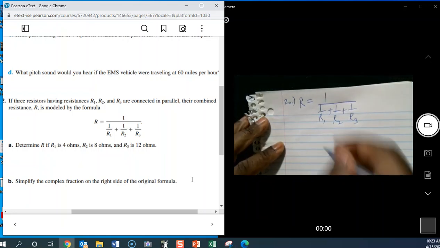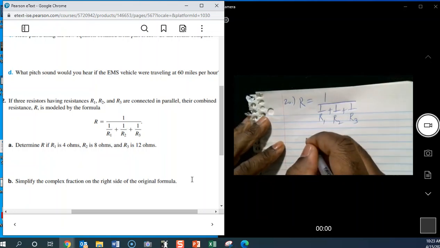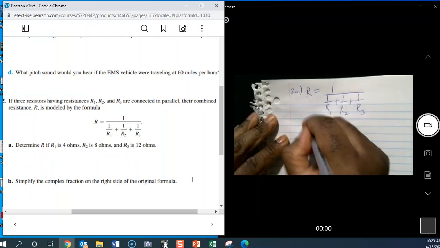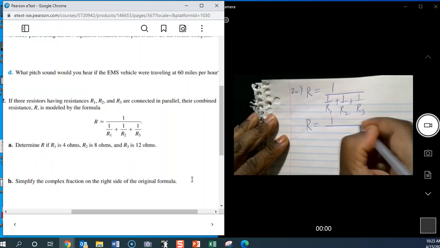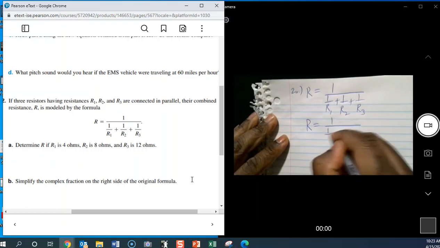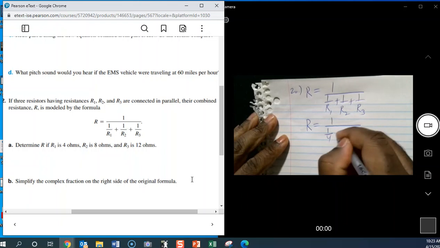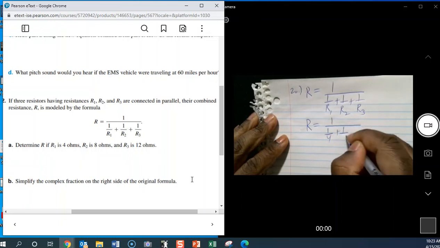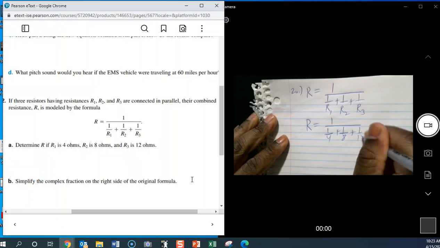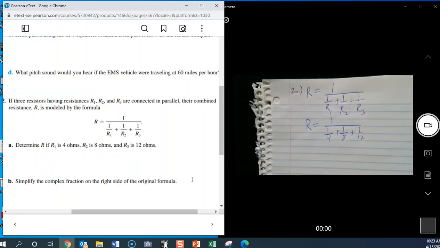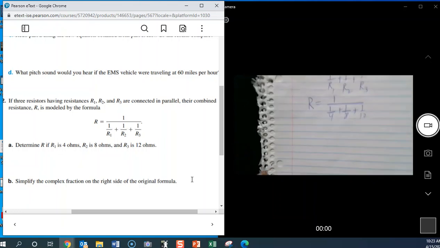Okay, now we're going to do some substitution. So we have 1 over R1 is 4, R2 is 8, and then R3 is 12. All right, so let's find the common denominator of 4, 8, and 12.